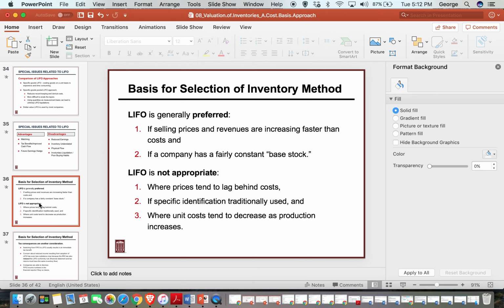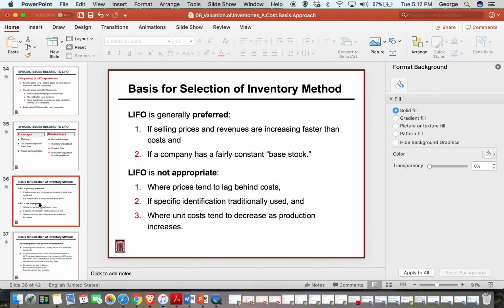So LIFO is generally preferred if we have a period of inflation, where selling revenue is increasing faster than cost, or if the company has a fairly constant base stock. So if we purchase 80,000 every year, we sell 78,000 to 80,000 of it.